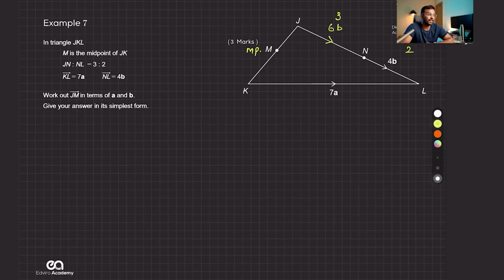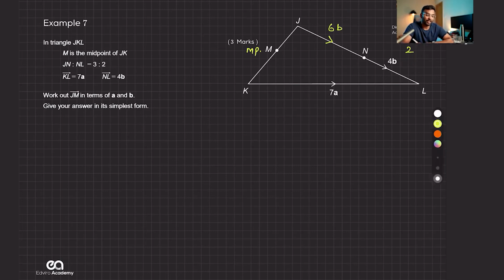Would you all agree with that? Jessica, yes, it's 3 by 5. So what that means is we're already given 4B is 2, so 1 unit of it. Here this is 3 times, isn't it? So we're going to multiply that by 3. Get it? Ratio, guys.